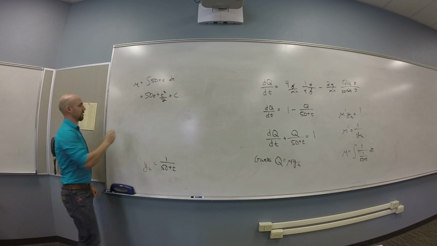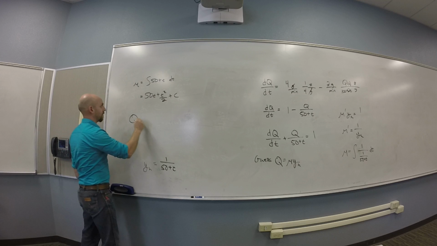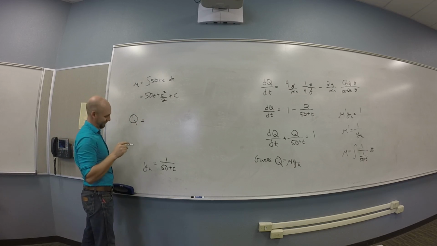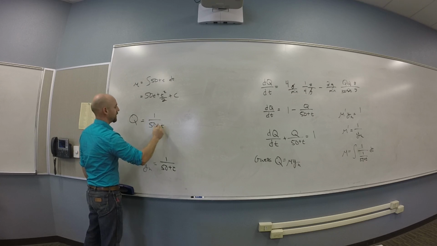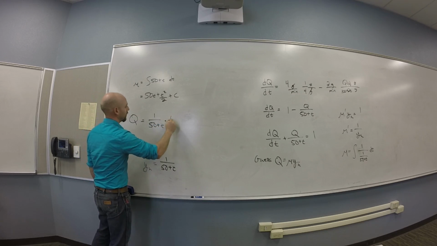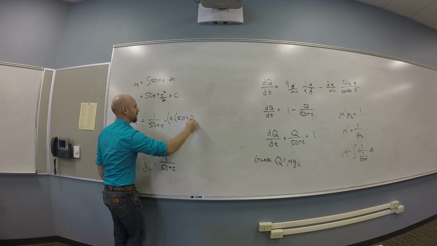And then what's q? Q is that times that. Good answer. So that would be 1 over 50 plus t times t times 50 plus t over 2.